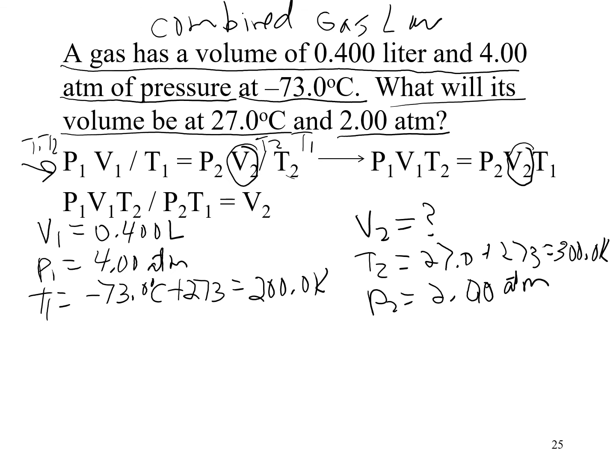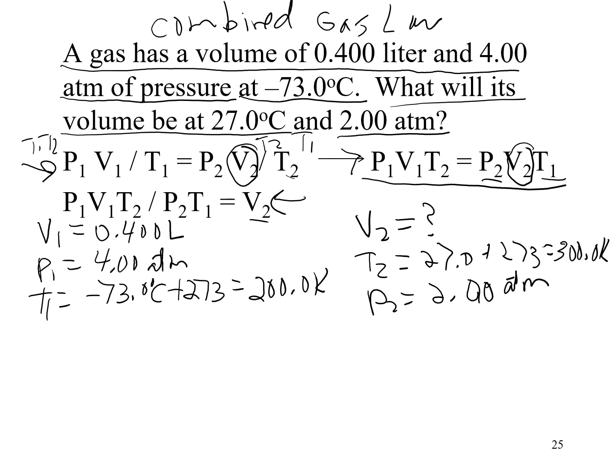Once I do that, I end up with this portion here. Now to get V2 by itself, I'm going to divide both sides by T1 P2, and that would give me the format here. Then I could plug in all my values and solve for V2. Or I could take my original formula given and plug my values into that and then rearrange. So let's go ahead and do that.